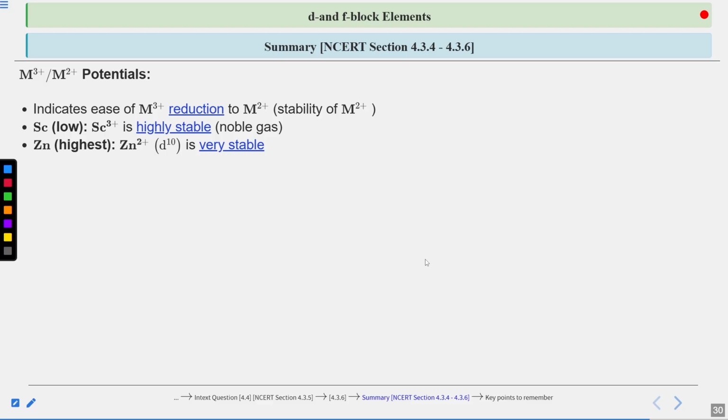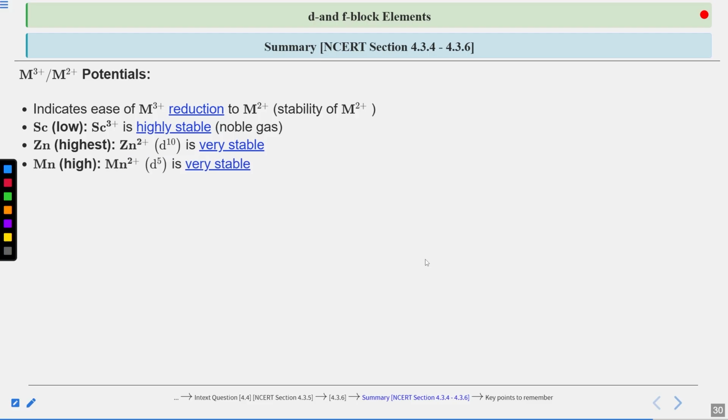Zinc has the highest E naught value, because zinc 2 positive in the D10 configuration is very stable. M3 doesn't want to reduce to M2 positive. D10 is fully filled, so it is going to be very stable.